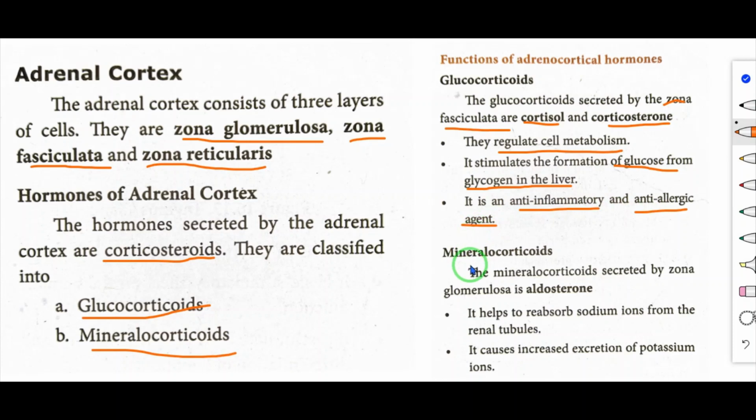The next one is mineralocorticoids. The mineralocorticoids are secreted by the zona glomerulosa, the outer layer. The mineralocorticoid secreted by the zona glomerulosa is aldosterone.